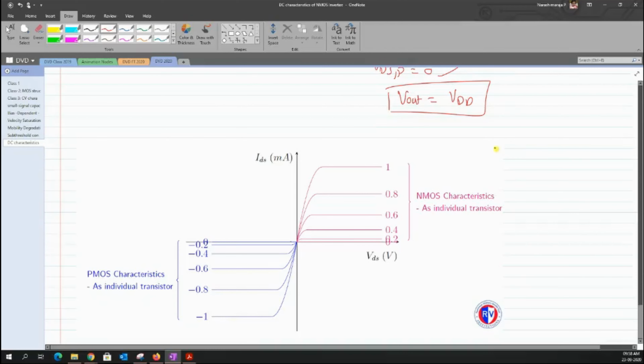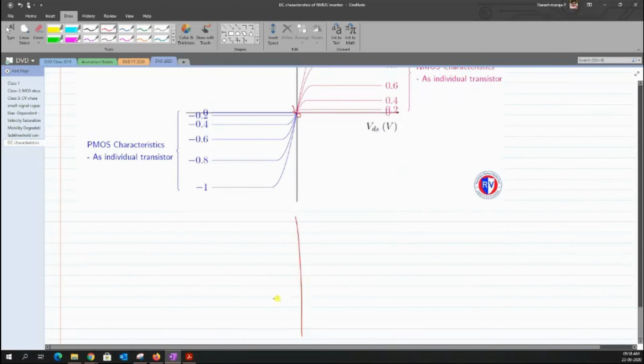So Vout in terms of VDSP can be written as something like this. Now this point marks VDSP equal to 0, right? That is the value that when I plug in here, this point gets translated to a Vout equal to VDD.